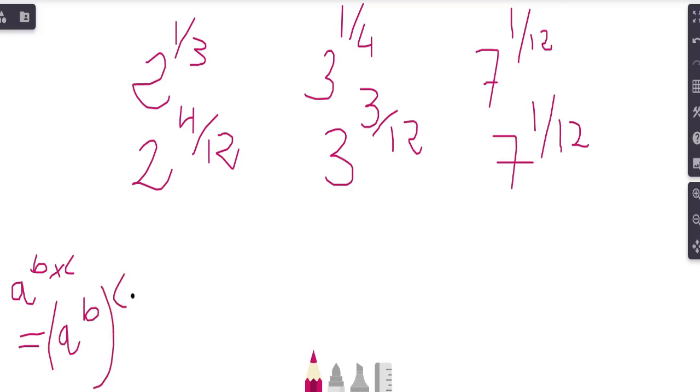So here we can rewrite the powers, and we can write 2 to the 4 to the 1/12.